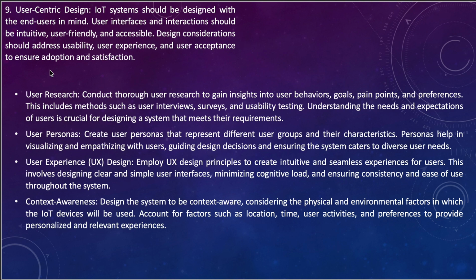User personas: create user personas that represent different user groups and their characteristics. Personas help in visualizing and empathizing with users, guiding design decisions and ensuring the system caters to diverse user needs.